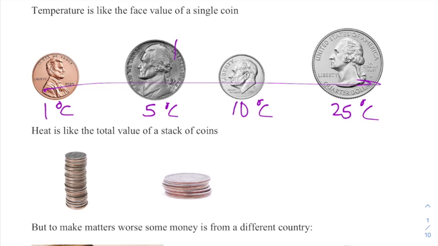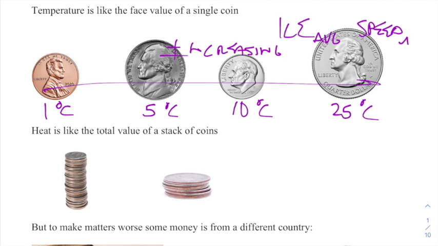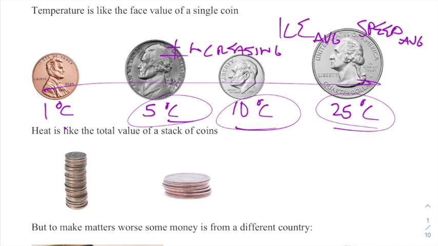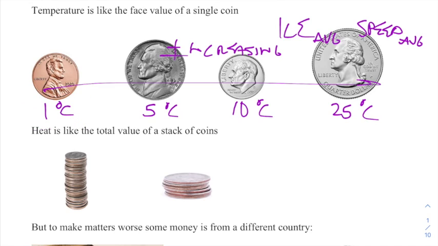As you go up and up and up in value, you are talking about increasing kinetic energy on average, or increasing speed of the particles on average. So on average, in a 25 degrees Celsius sample, the particles are moving faster than at 10, than 5, than 1. So temperature is really just like the face value of a particular coin.